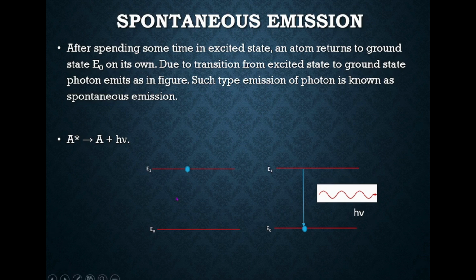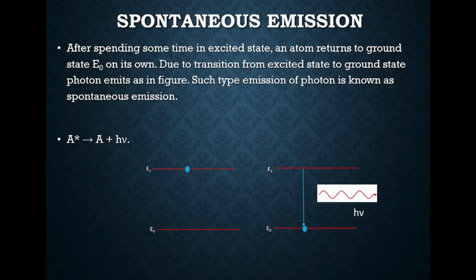In this case, we have to know that an atom that has gone from the ground state to the excited state will de-excite within 10 to the power minus 8 seconds, and this process happens naturally. So we call it spontaneous, meaning a naturally occurring process.